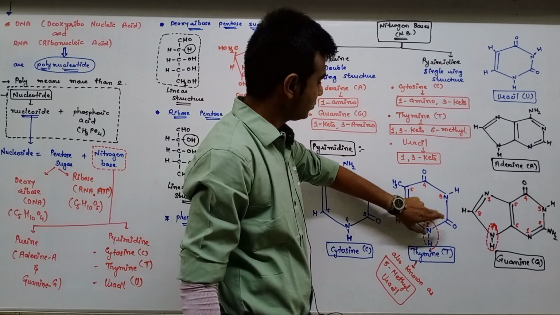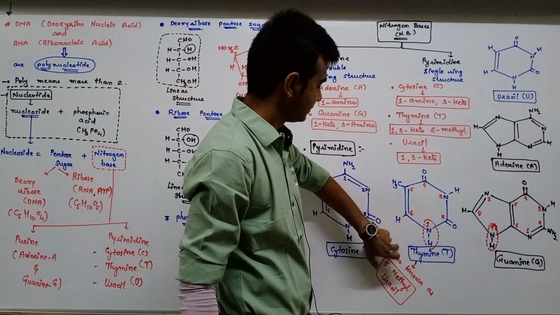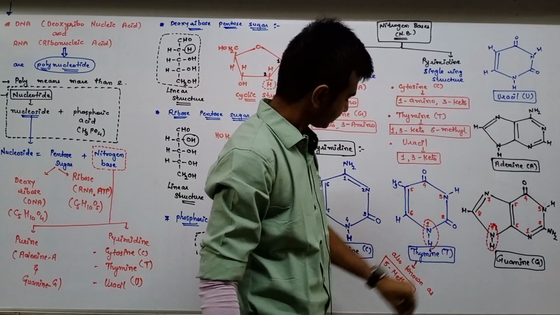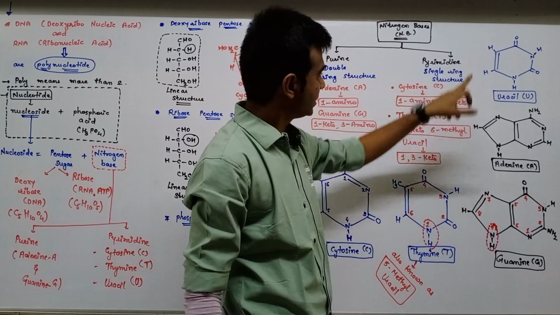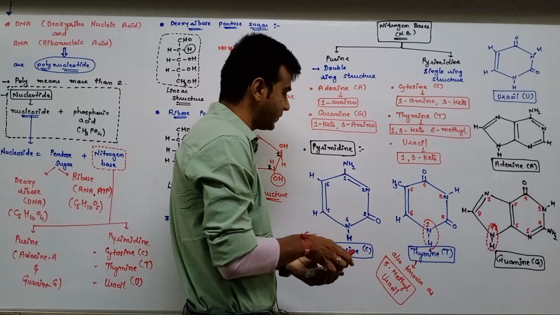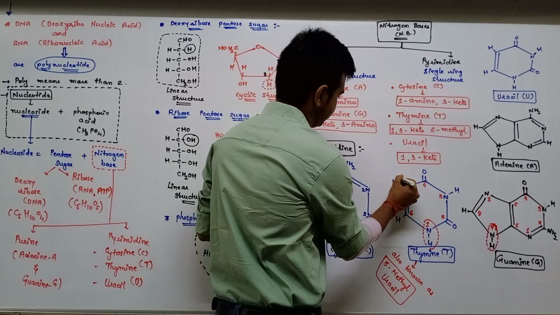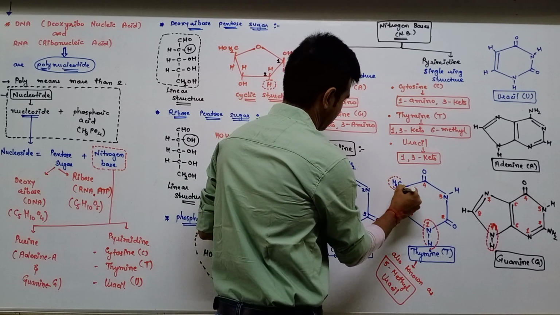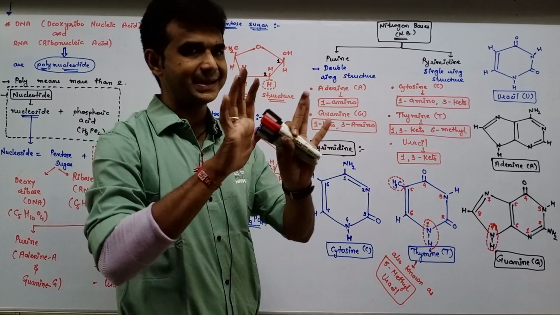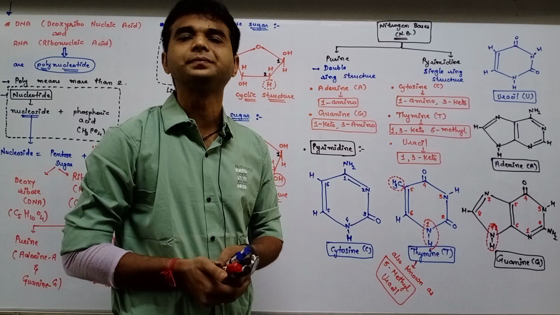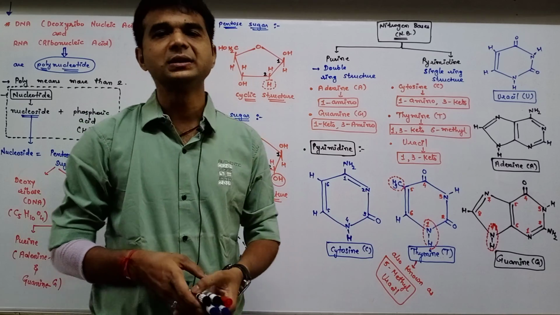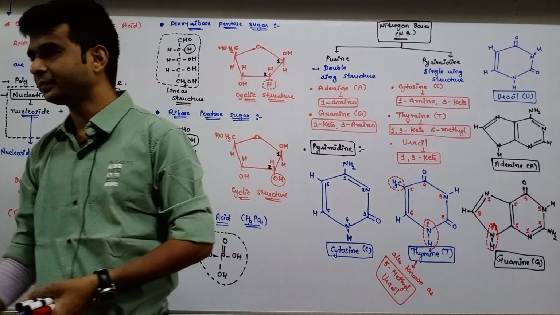So here 1, 2, 3, 4, 5, 6 is there. So here compare both the structure of the thymine and uracil. Only methyl group difference is there. Remaining structure is exactly same, just like a uracil. So thymine is also known as 5-methyl uracil.